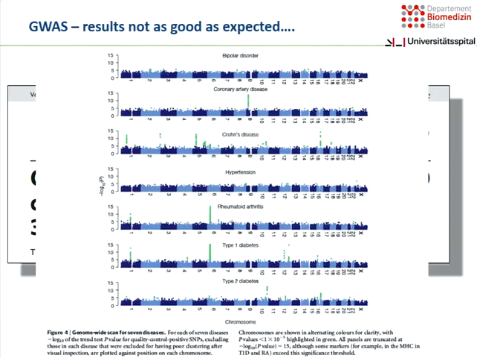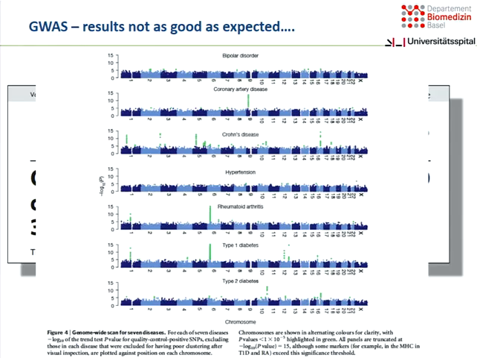And if you look at this picture, it's not too impressive, yeah? So we have, for example, for bipolar disorder, there was not one SNP that exceeded this threshold for genome-wide significance. For coronary artery disease, there was one hit, yeah? For Crohn's disease, there were more. Hypertension also, no hit.